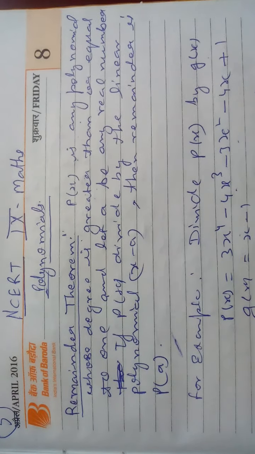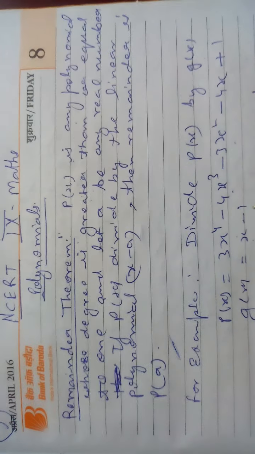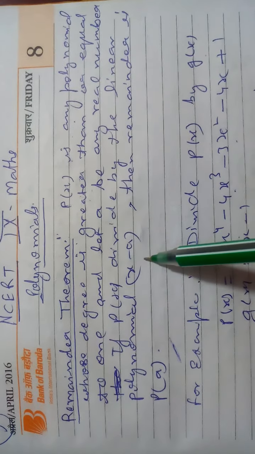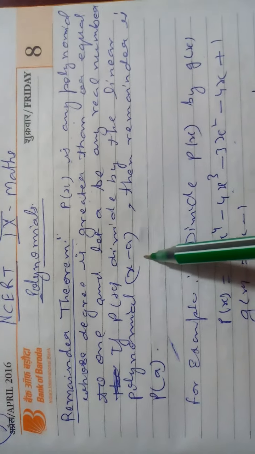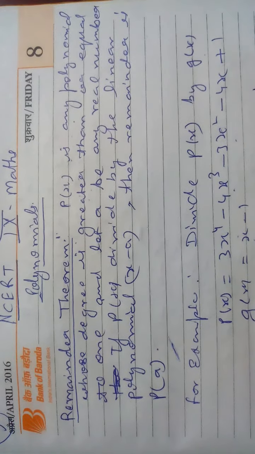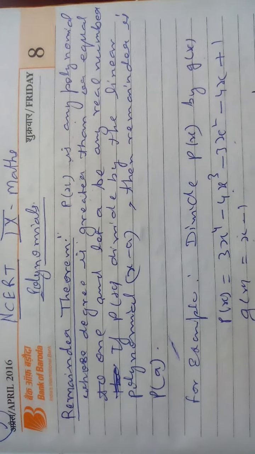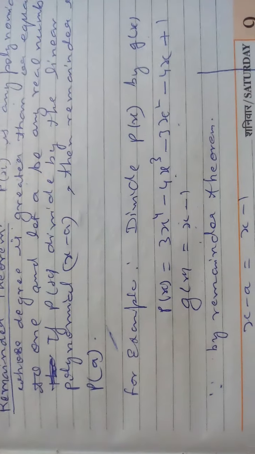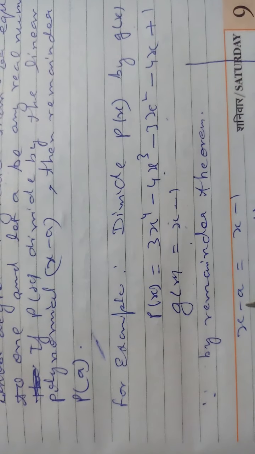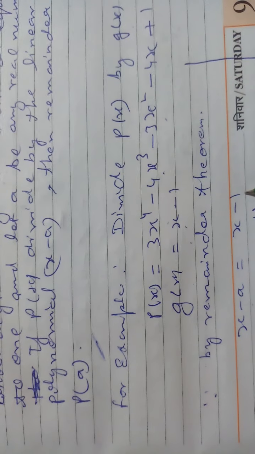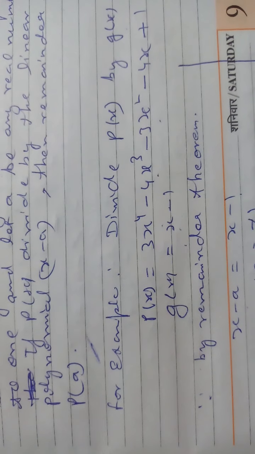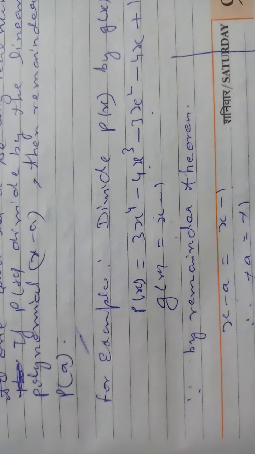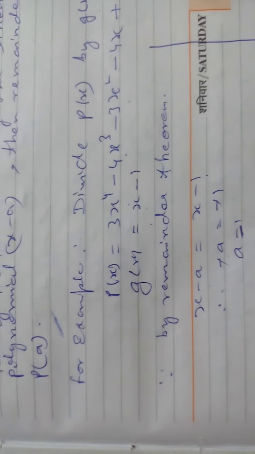By the remainder theorem, the linear polynomial is x minus a, so x minus a is equal to x minus 1. If you compare, minus a equals minus 1, so a is equal to 1.